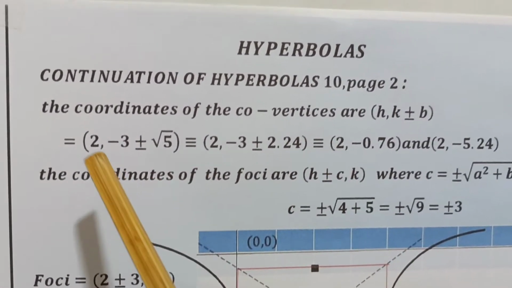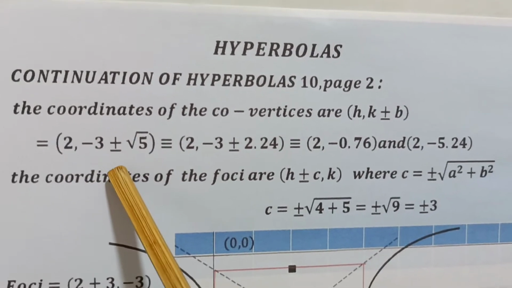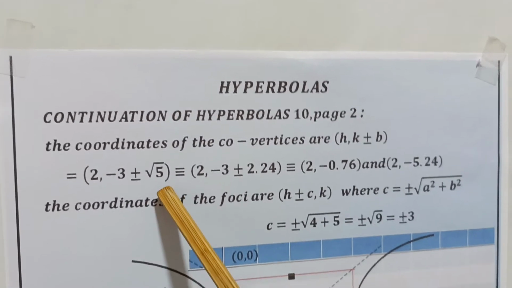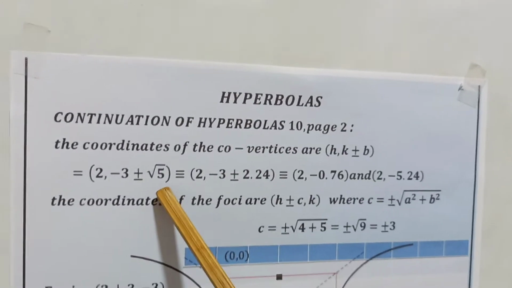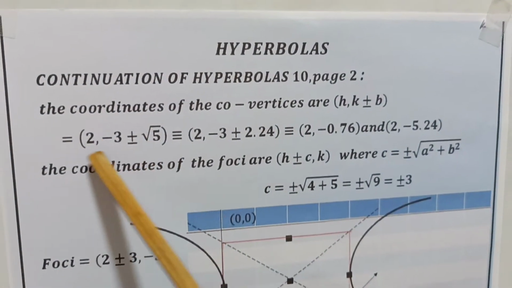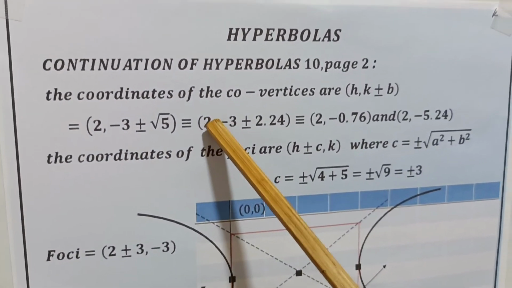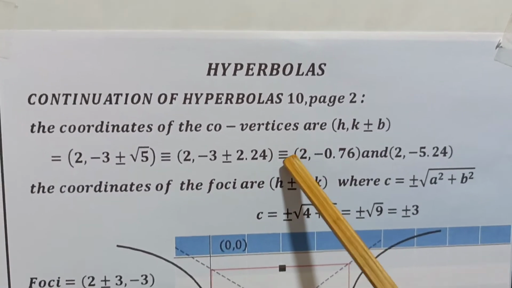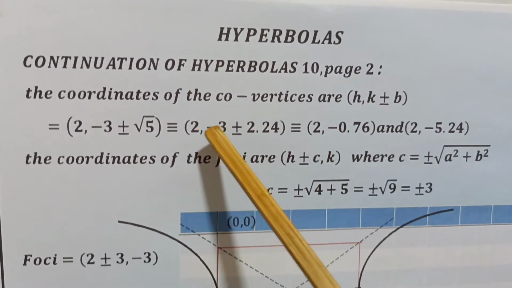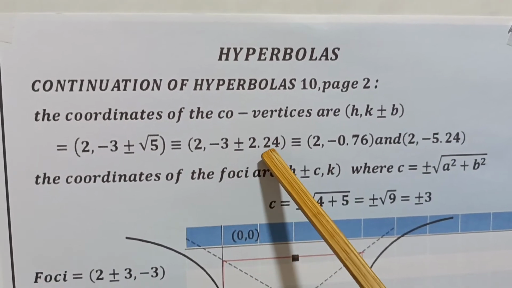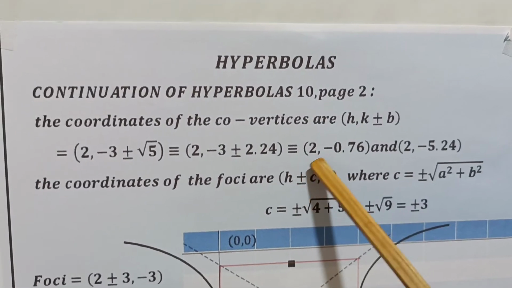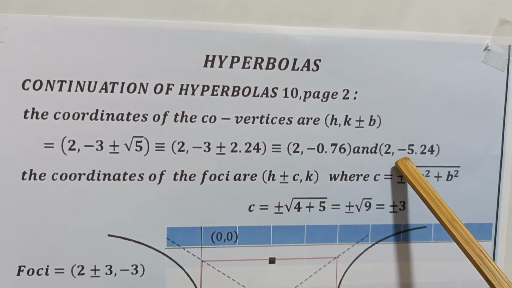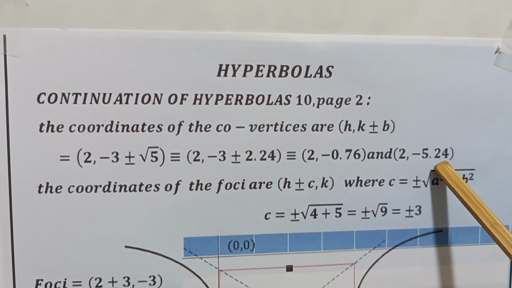So 2, negative 3 plus or minus square root of 5. b is the square root of 5, the denominator on the second term. So this is equivalent to 2, comma, negative 3 plus or minus 2.24. If we add 2.24 to negative 3, we get 2, negative 0.76, and if we subtract it, we get 2 and negative 5.24.